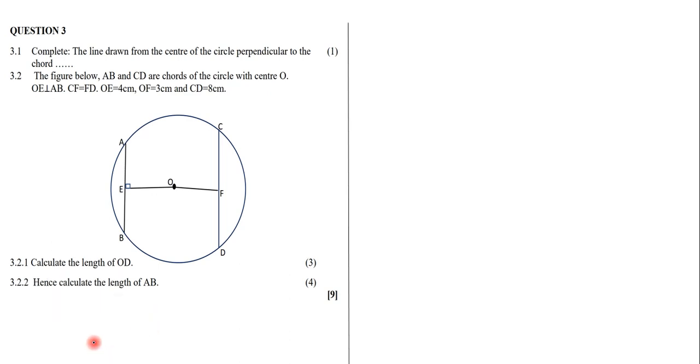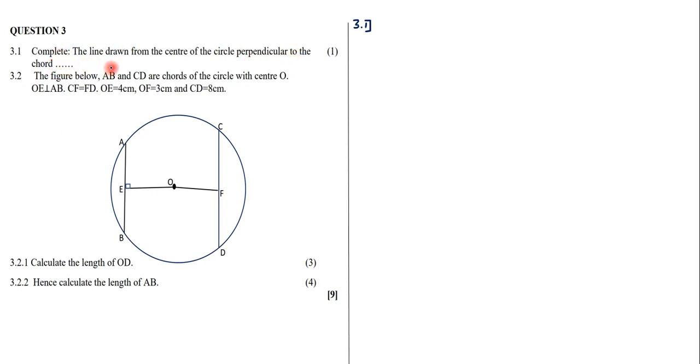Now here, we are given a question, and this is Euclidean geometry. So let's go right into it. The first question here is question 3, and 3.1 goes as follows. It says we need to complete the following. The question says: a line drawn from the center of the circle perpendicular to a chord, and then it has dotted lines.